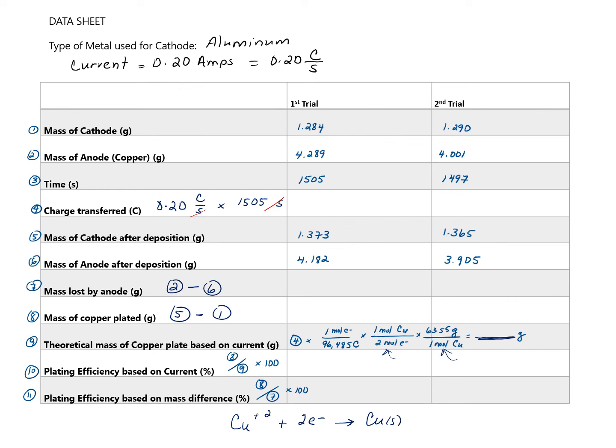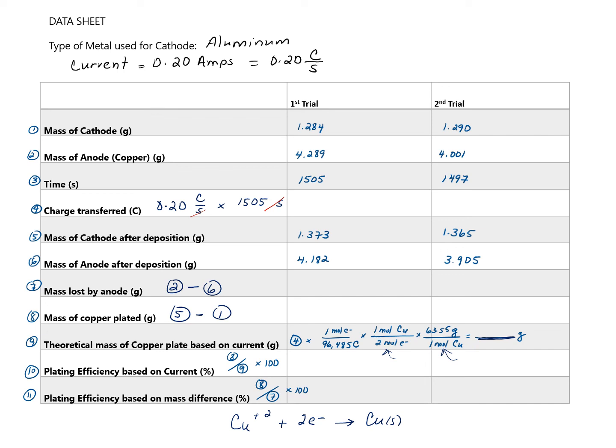Remember, the mass of copper plated is your experimental data. You have the piece of aluminum with the layer of copper on top, and the mass difference for your aluminum tells you how much copper was plated. So that's your actual yield, what you're actually getting after you're done with the experiment.